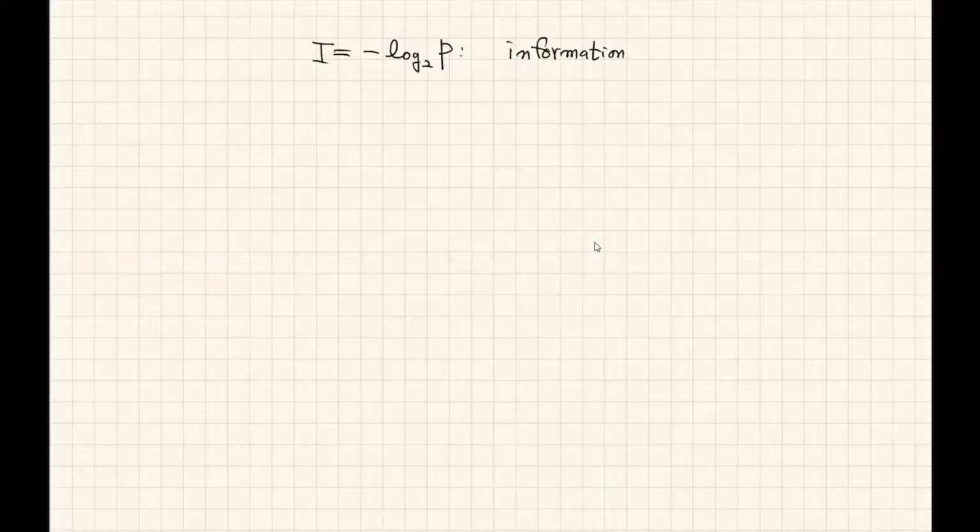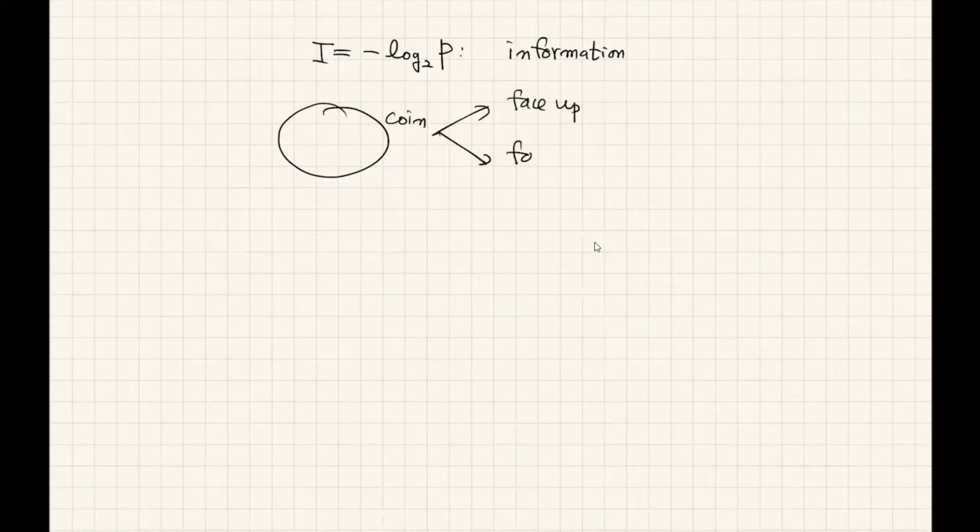Let's assume that you have a coin. If you throw the coin, sometimes it has a probability of face up, and sometimes a probability of face down. The probability of face up is 1/2, and the probability of face down is 1/2.